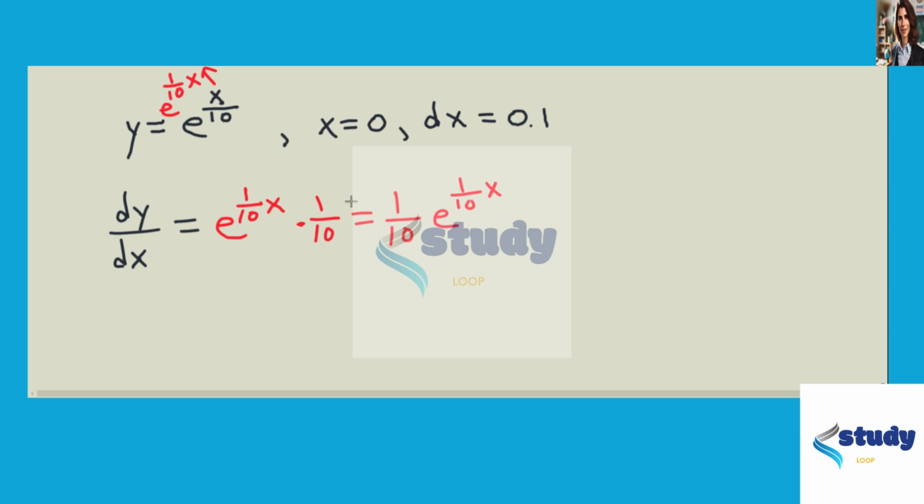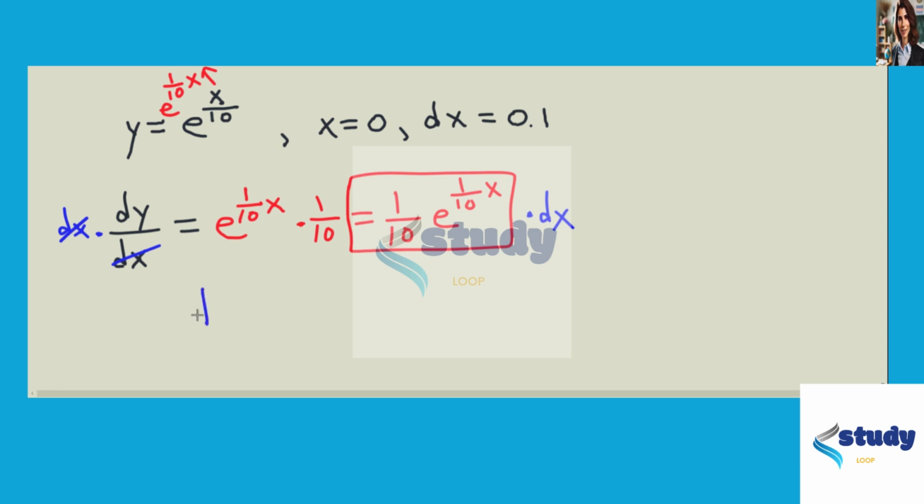Now, if dy dx is equal to this, then multiplying both sides by dx will give us our differential dy, because the dx divided by and the dx being times will cancel.